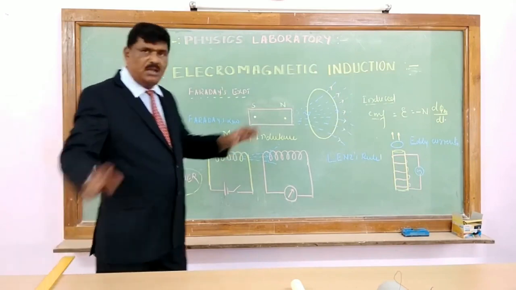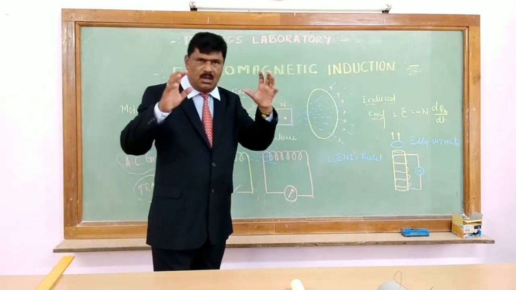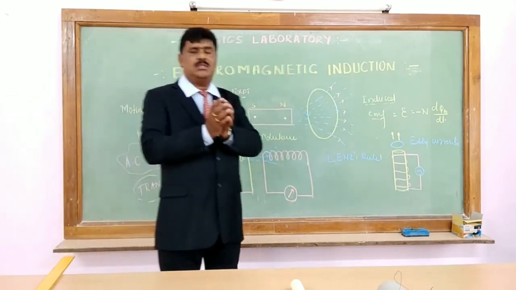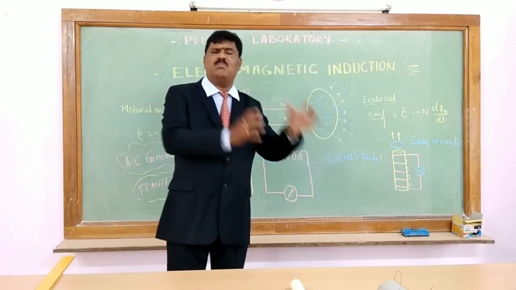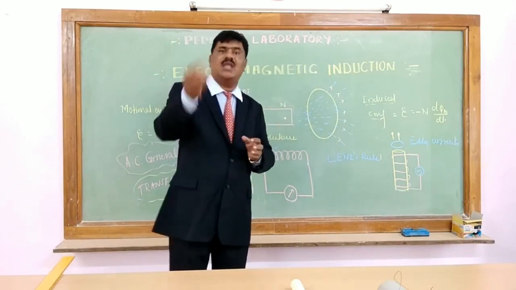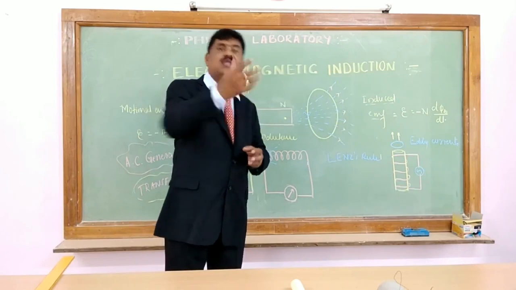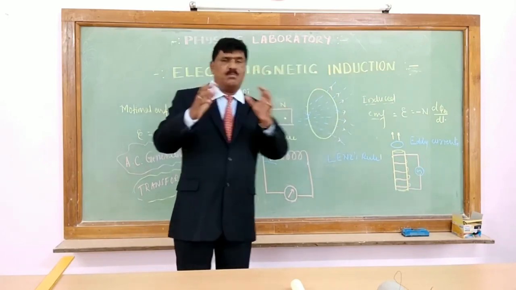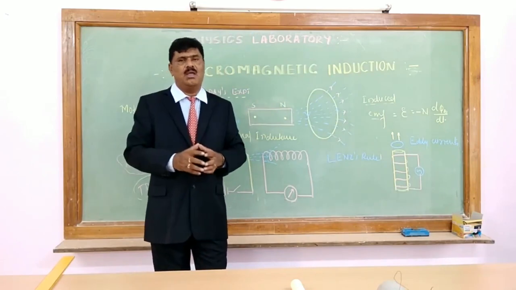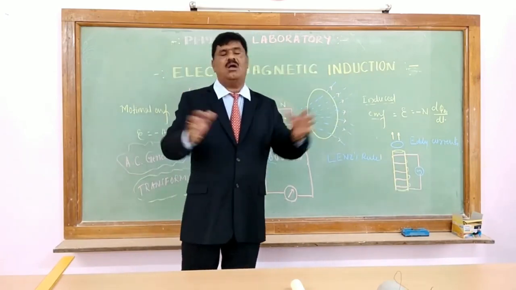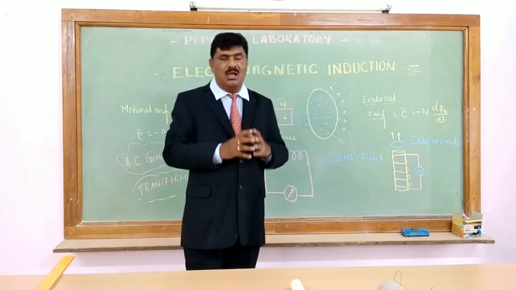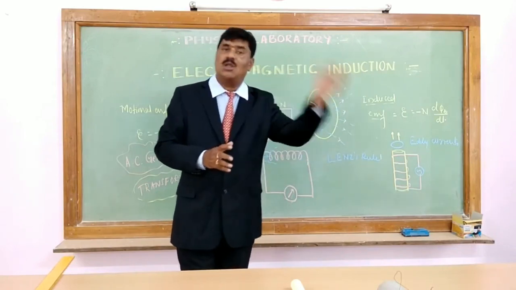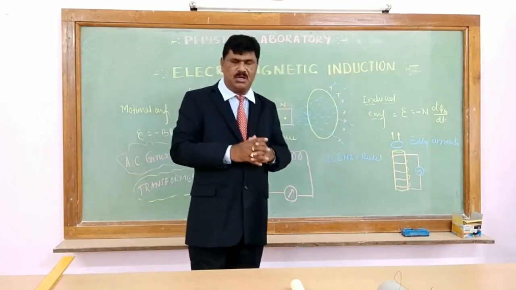During these activities, he made so many important observations in connection with the magnitude of the induced EMF and all those things. Whatever important observations he made, he kept in the form of a law. And that we are learning as Faraday's law of electromagnetic induction.